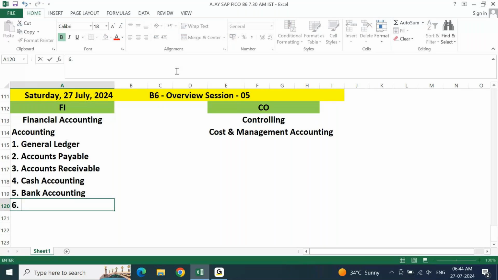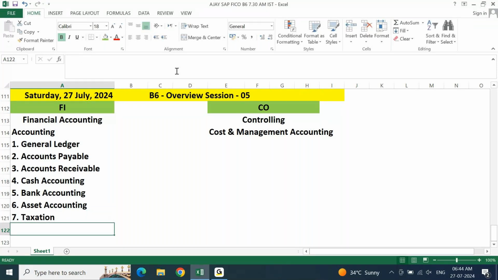Sixth point is your asset accounting. And seventh point is taxation. And then eighth point is FI, MM, SD, PP, PS, and HCM integration.